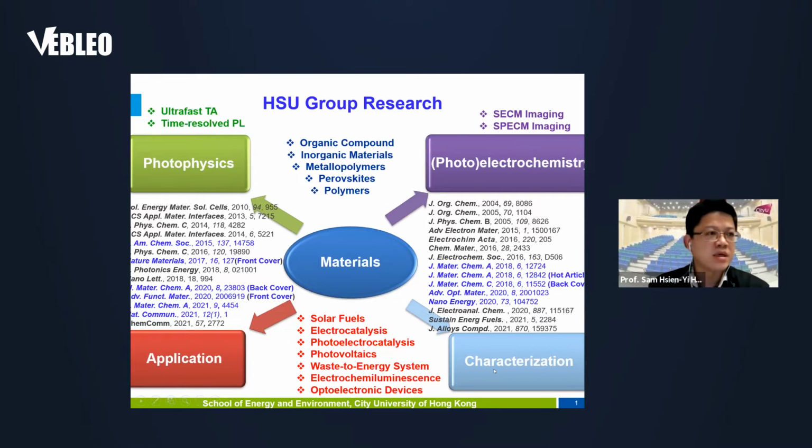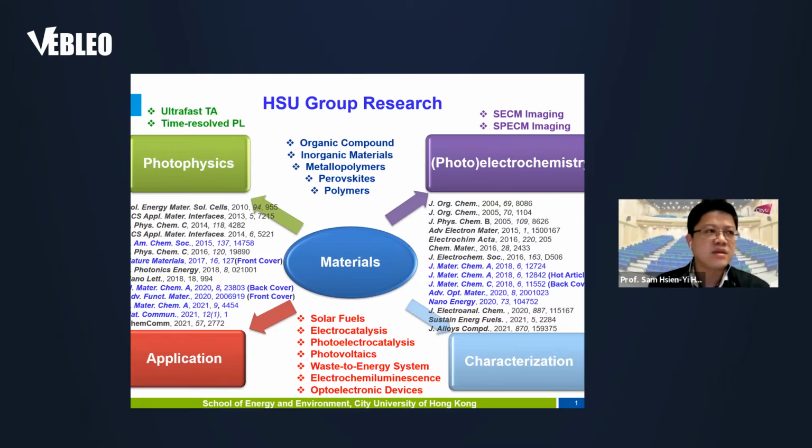At the same time, we have to characterize the materials we design or synthesize by the common methods such as NMR, TEM, SEM, XRD, XPS to make sure the produced materials are what we expect.